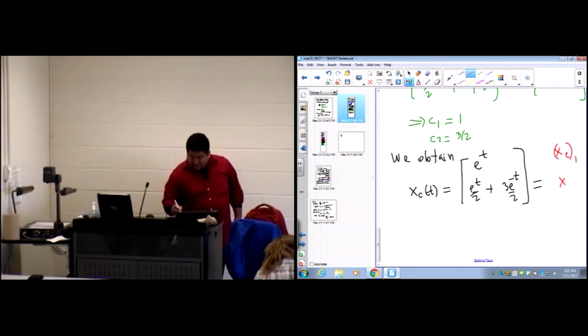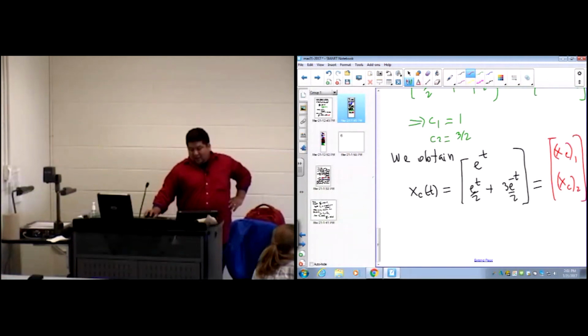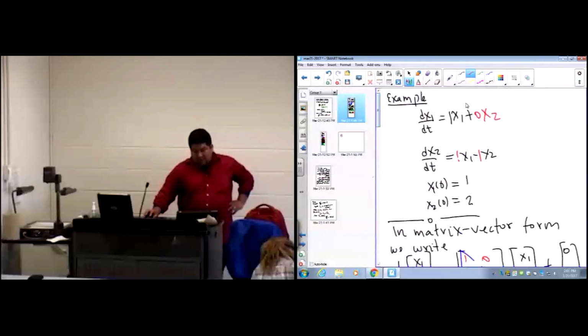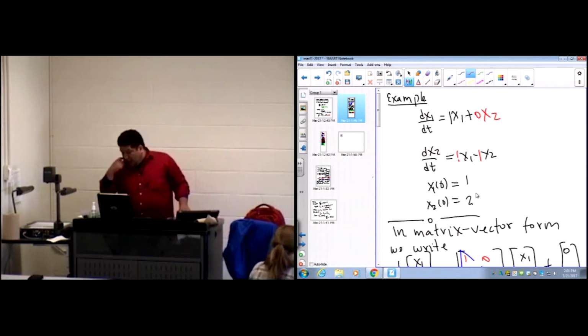So this would be x sub c1, and this would be x sub c2. So these are the functions. x sub c1 of t would be e to the t. x sub c2 of t would be this sum. Those are the functions of t that satisfy these equations with these initial conditions.